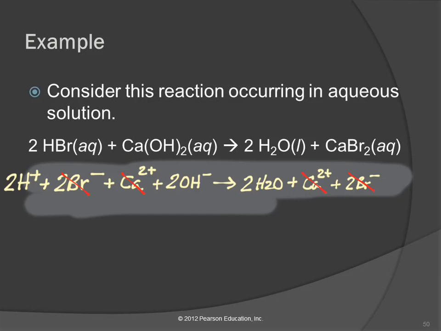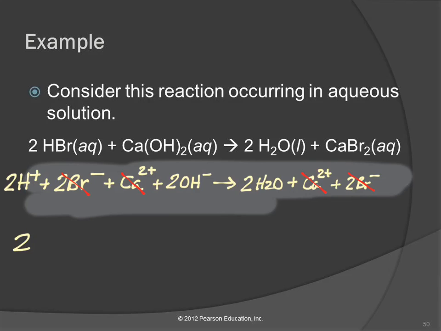Usually at this point, I will put the state symbols back in. The complete ionic equation is rarely requested outside of this chapter, but it's a means to the end, which is the net ionic equation.